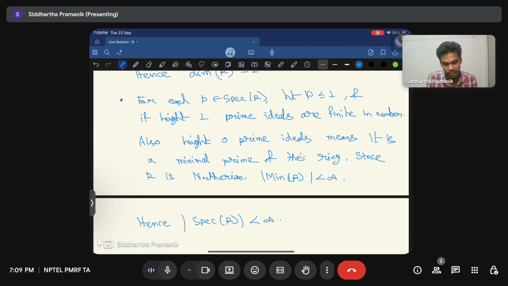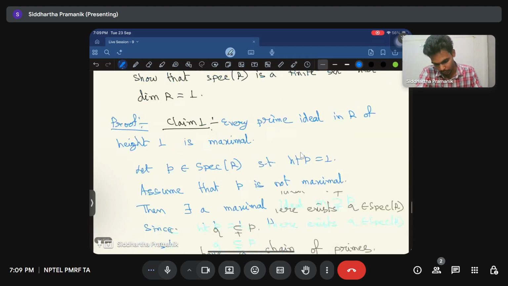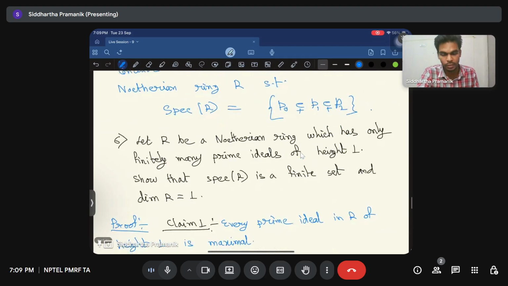Height 0 prime ideals are minimal primes which are also finite in number, and height 1 prime ideals are finite in number, that is given. So spectrum of R is a finite set. And this completes the proof. So these two are nice applications of this previous result.